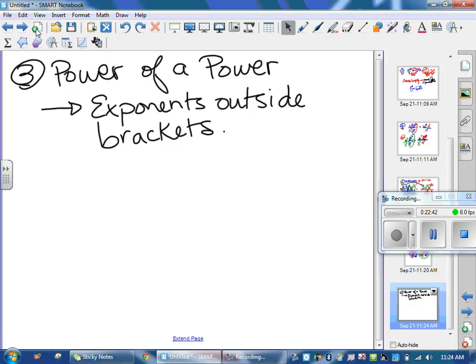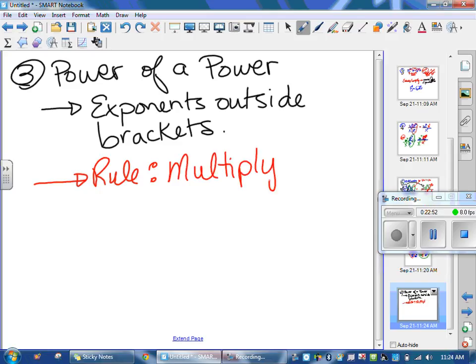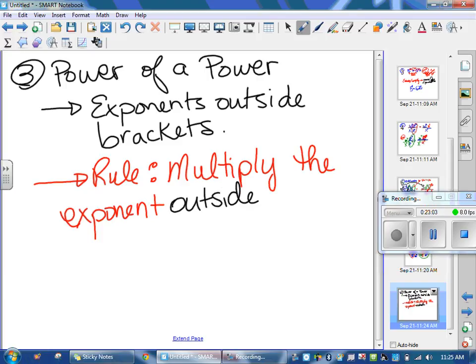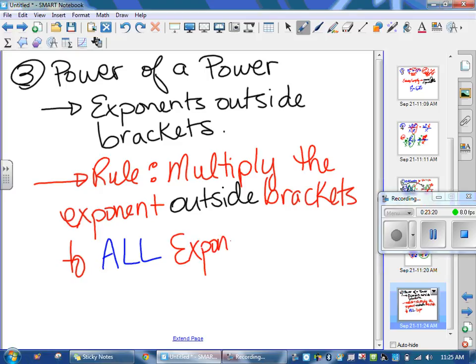Well, the rule says multiply the exponent outside brackets to all exponents inside the brackets.